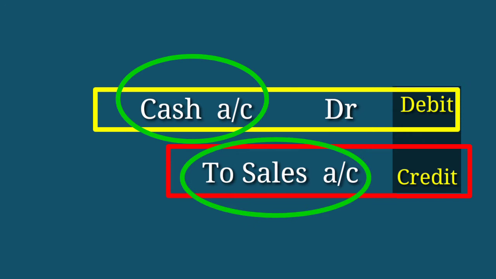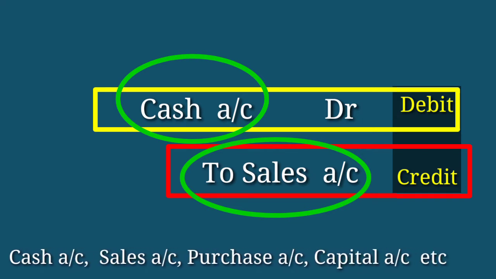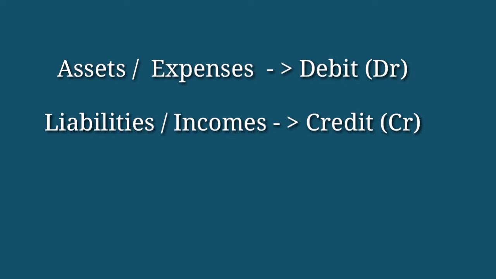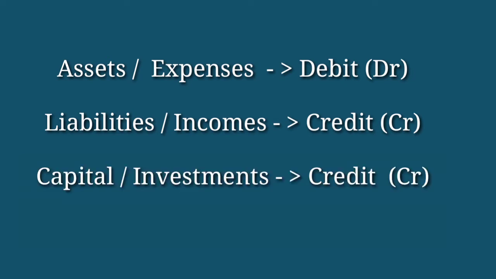Cash account, sales account, purchase account, furniture account, etc. We need to prepare a separate ledger account in each name: cash account, sales account, purchase account, capital account, etc. Also, we know every asset and expense has a debit balance, liabilities and incomes have a credit balance, and capital and investment have a credit balance. We already learned that in the last classes.